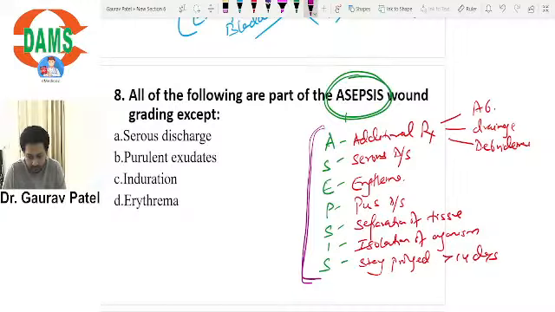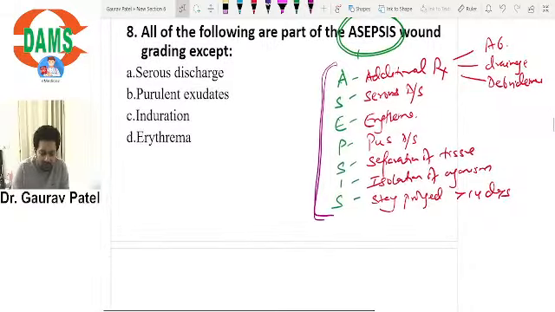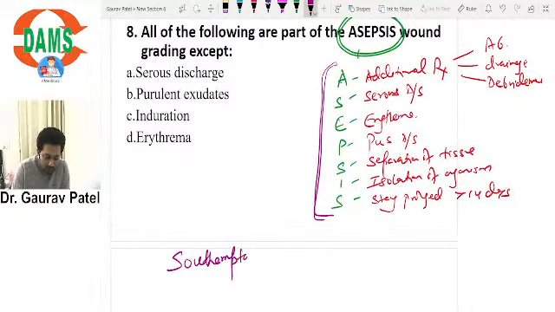Very good. What is another important score for wound infection? Southampton score.